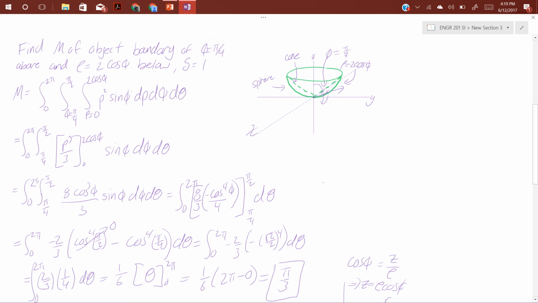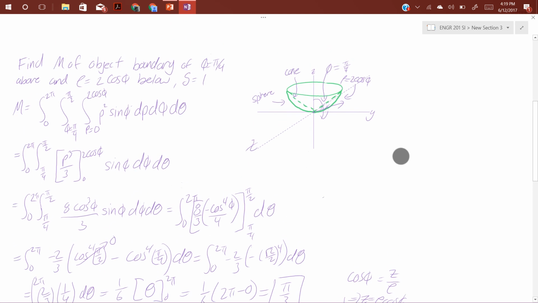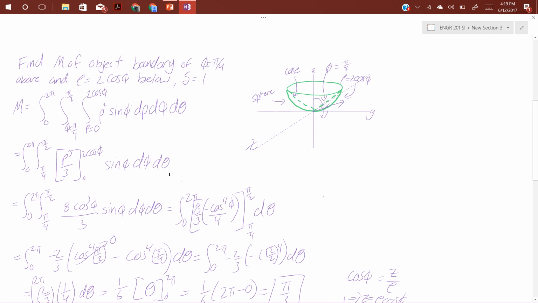And for theta, that's an easy one you've had several times before. You look at the xy-plane and do a circle and see what angles you happen to hit. And for a lot of them, for spherical and cylindrical, you will be going from 0 to 2 pi. Not saying they'll all be like that, but they tend to be.